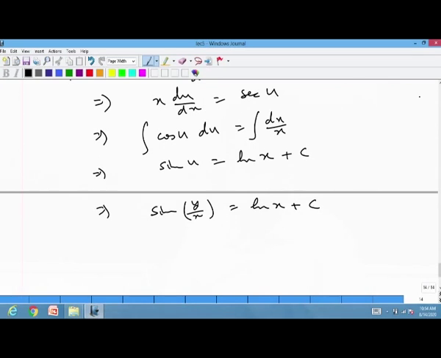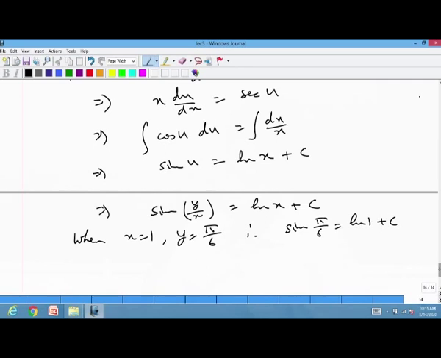Now, to find the value of c, we have to use the condition that when x is equal to 1, y is equal to pi by 6, because (1, pi by 6) is given to lie on the curve. So, if we put y equal to pi by 6 and x equal to 1, we get sin pi by 6 equal to log 1 plus c.